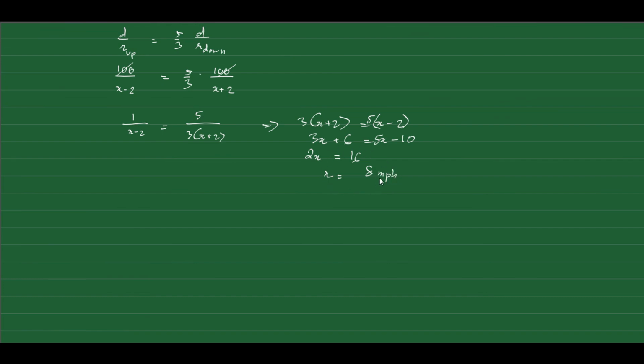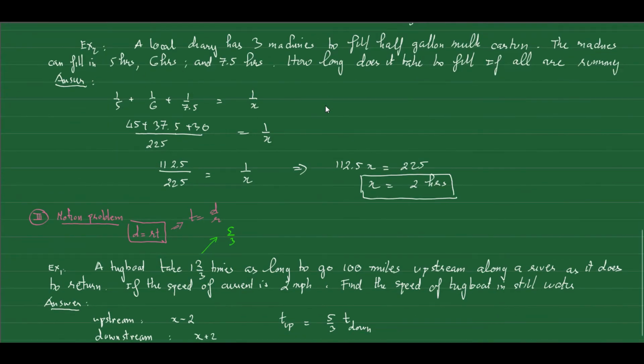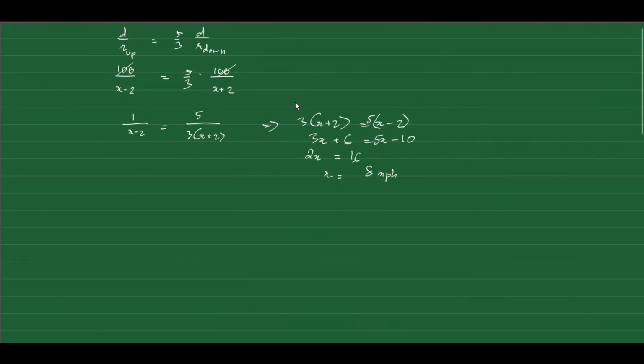This is the speed of the boat in still water, no current. This is the speed of the boat, no current. You see? That's how you do it. The way you set up, you just use this equation.